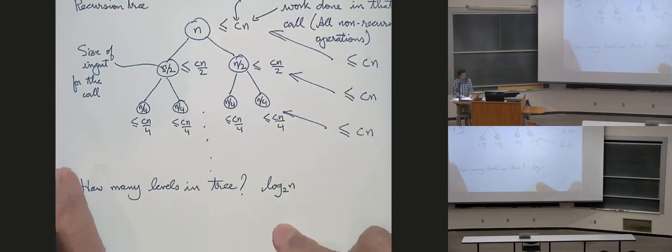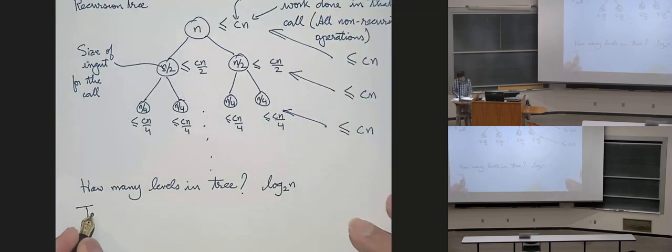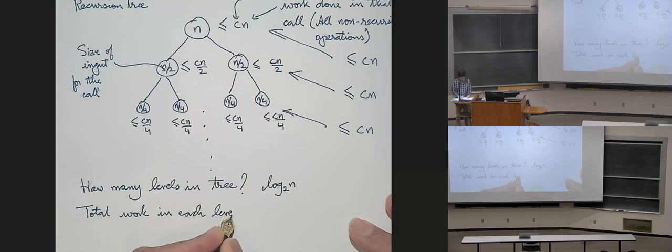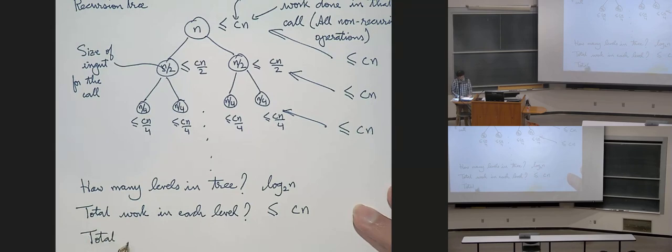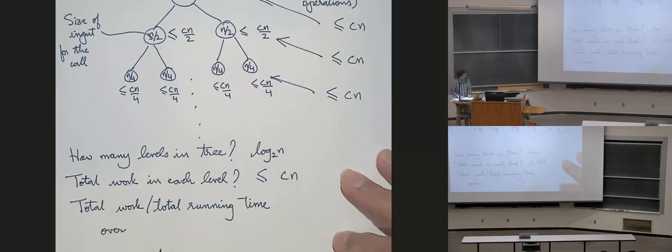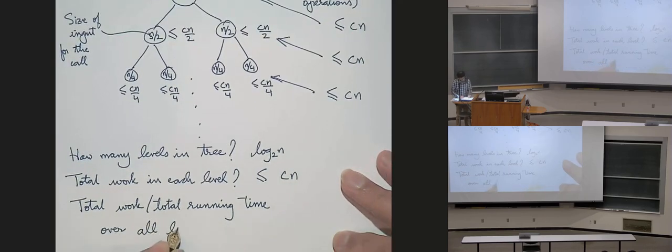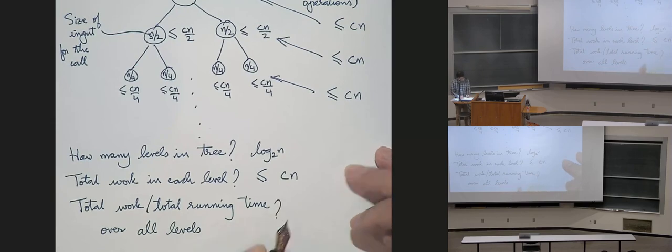So how many levels in the tree? It's log n. So the total work in each level is at most Cn. And so the total work, which is the total runtime, over all levels, how much was that?